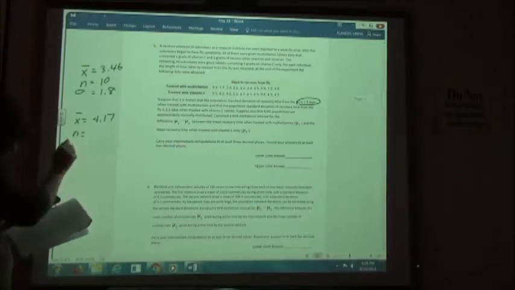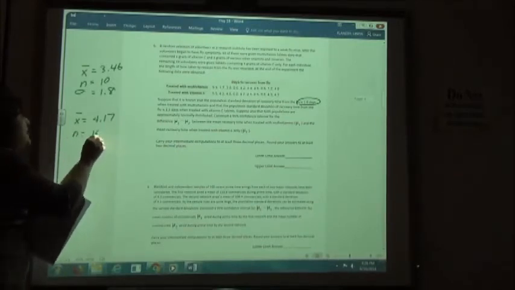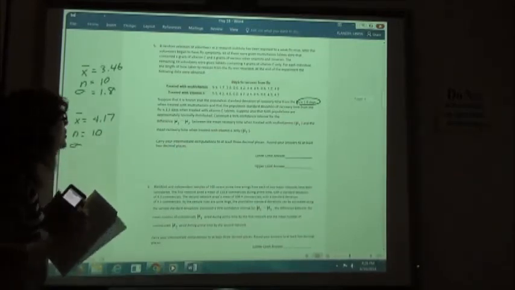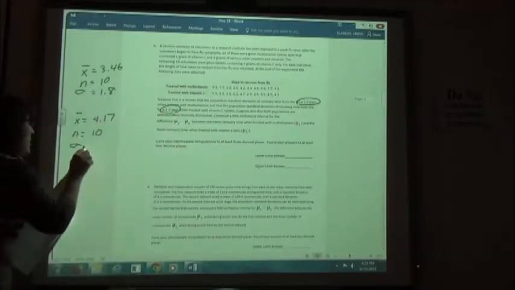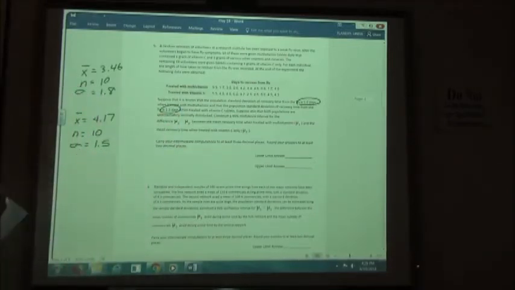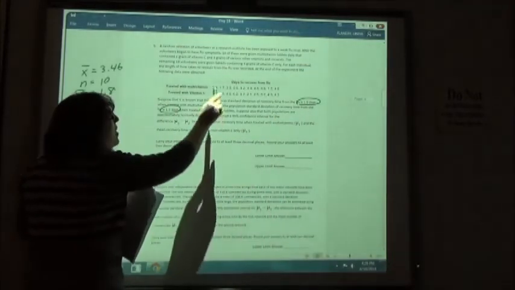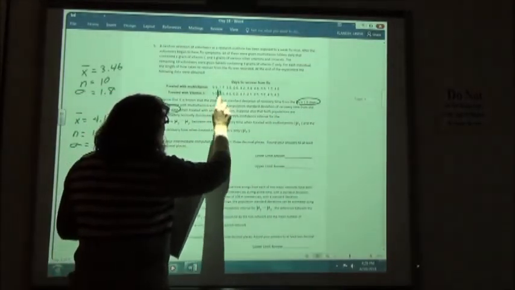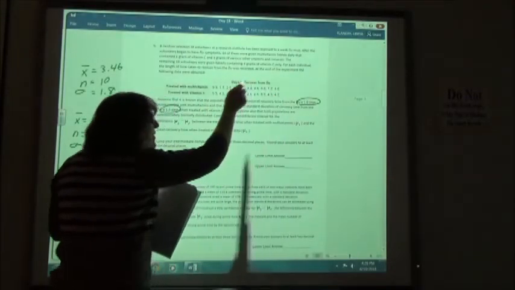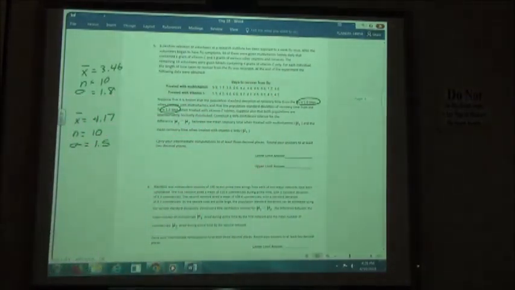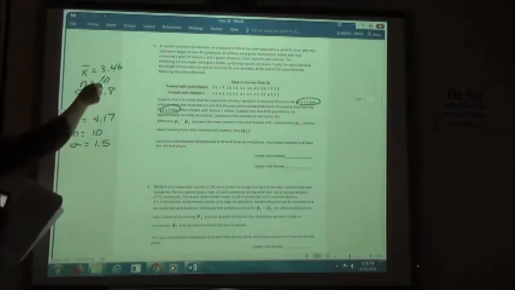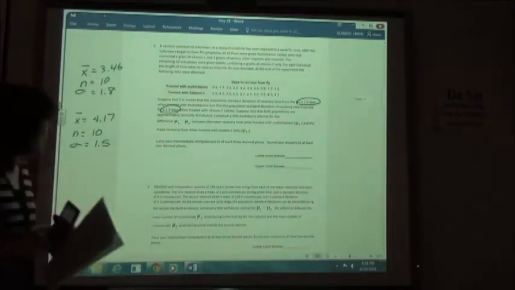The N again is 10, and then the standard deviation is going to come from the problem. They're doing 1.5 standard deviation. I didn't realize they weren't doing the standard deviation from the sample, they were doing the given standard deviation. So you could have also just added all those numbers up and then divided by 10, since there were 10 numbers on the list, and you would have come up with that same answer, hopefully.